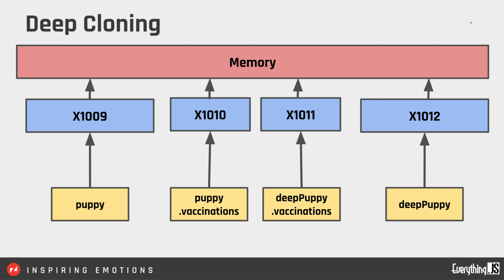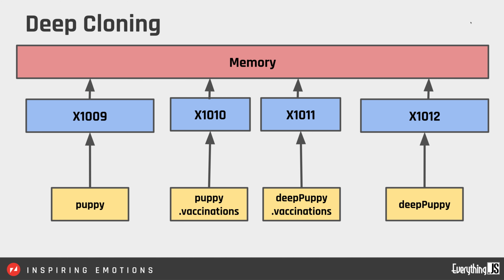Okay, and the next thing is deep cloning. There is no out-of-the-box method available to do deep cloning. In the earlier example, we had a nested property called vaccinations, and if you want to clone that as well, say if you have 10 levels of object nesting and you want to deep clone everything, you don't have a direct out-of-the-box way of doing it in JavaScript, but this is what you have to reach.